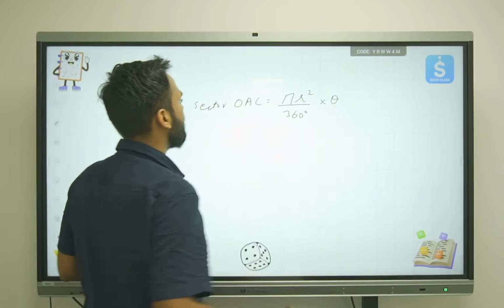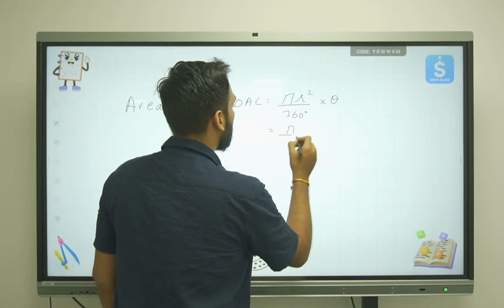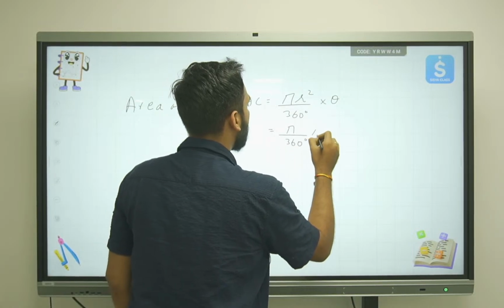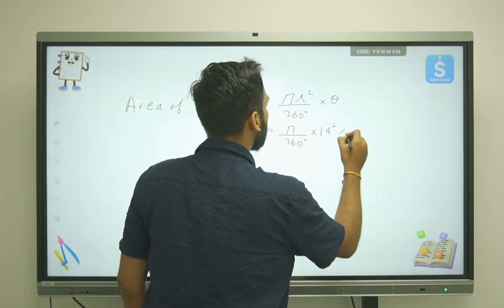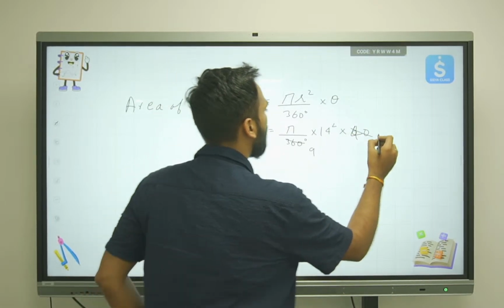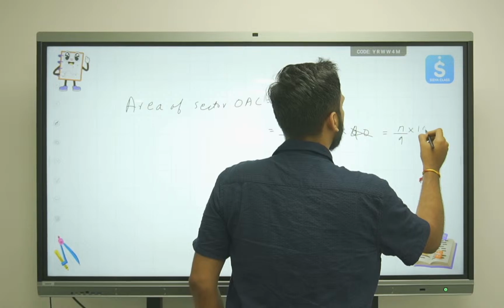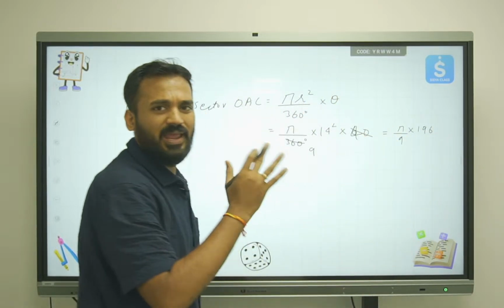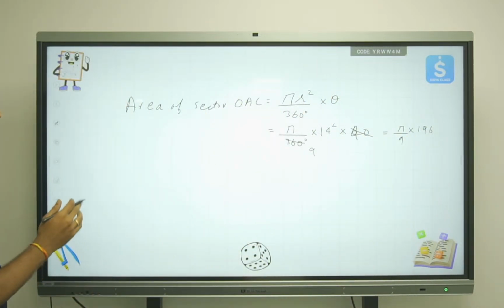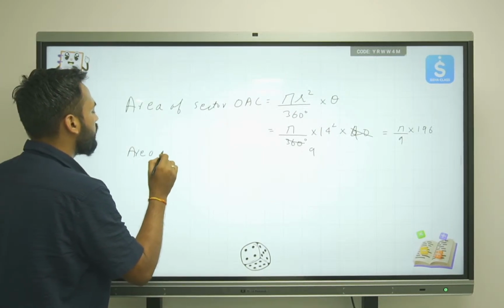The angle subtended by OAC is 40 degree. So pi upon 360 degree multiplied by 14 square multiplied by 40 degree. So this 40 and this will get cancelled. This will come out to be pi by 9 multiplied by 196. Let me keep the value of pi as it is, because we'll be subtracting a lot of things and then we can simplify further.